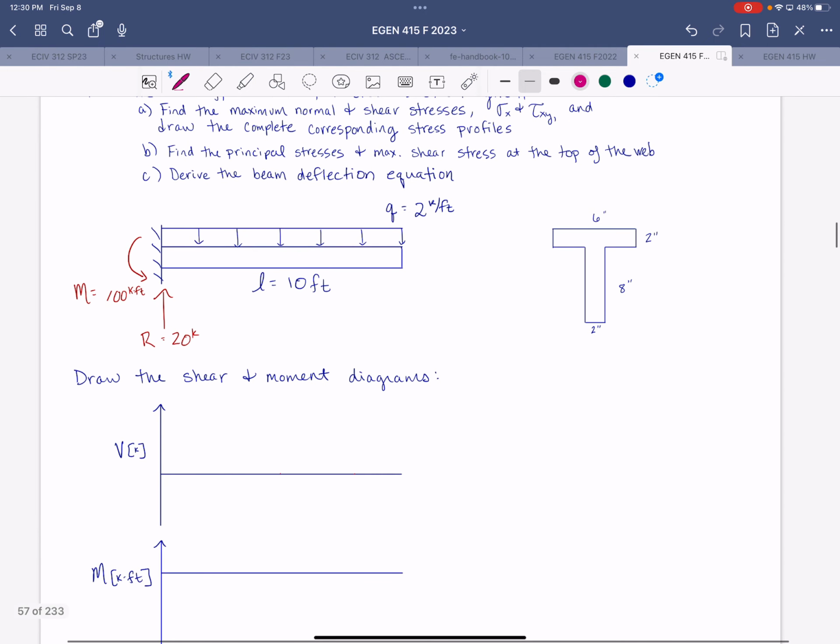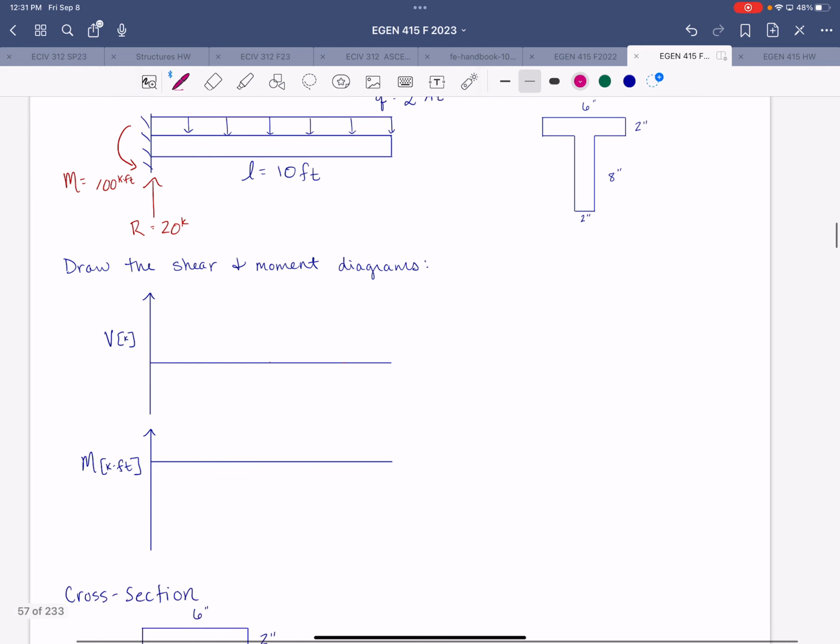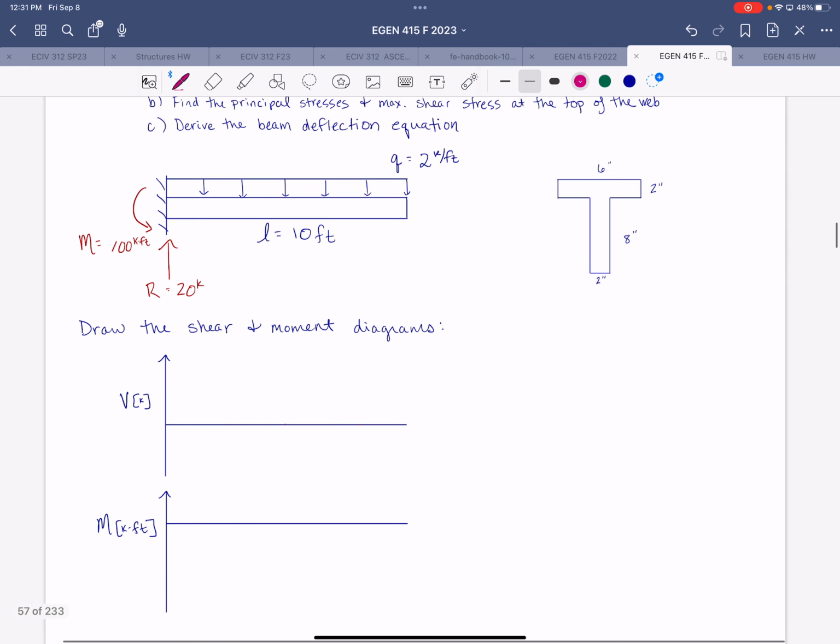All right, so pretty simple configuration here, a cantilever beam with a uniform load. Reactions are shown, and the cross section is a T shape, right? So we'd like to draw the shear and moment diagrams.